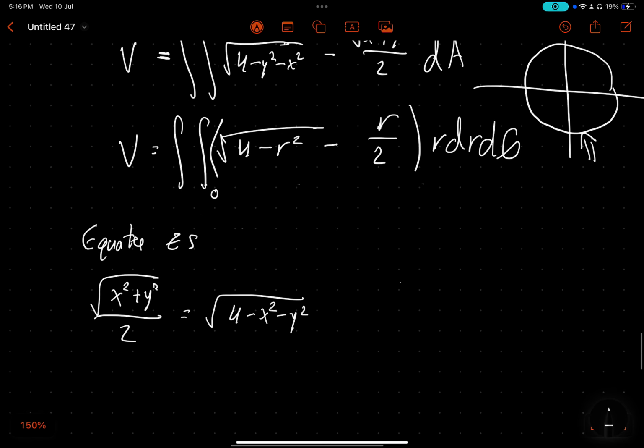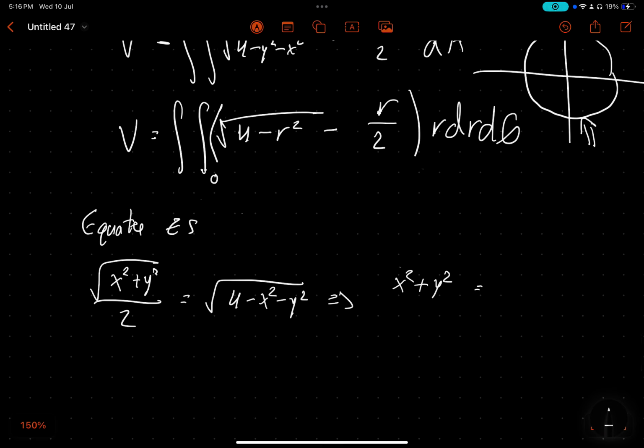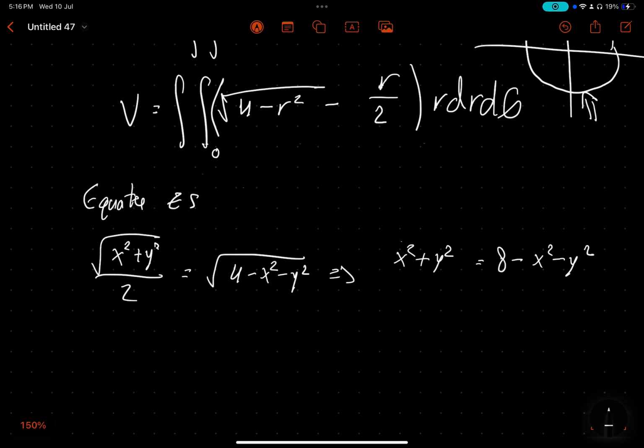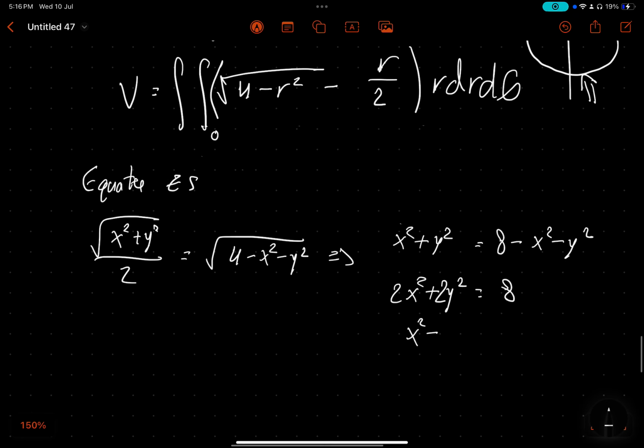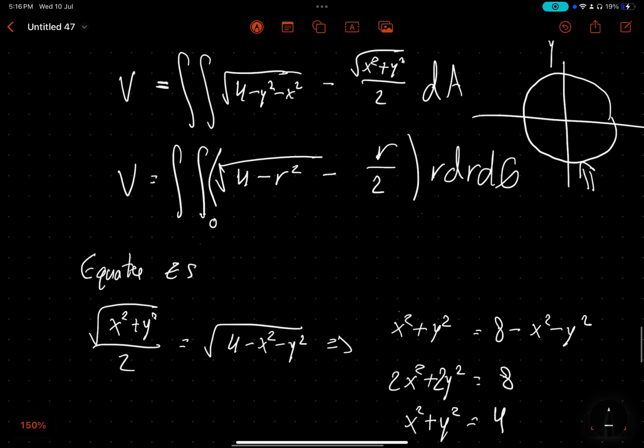Now squaring both sides is gonna give us x squared plus y squared equals 4 minus x squared minus y squared. And now we add these, and so we have 2x squared plus 2y squared equals 4, so x squared plus y squared is going to equal 2. So this is our intersection.